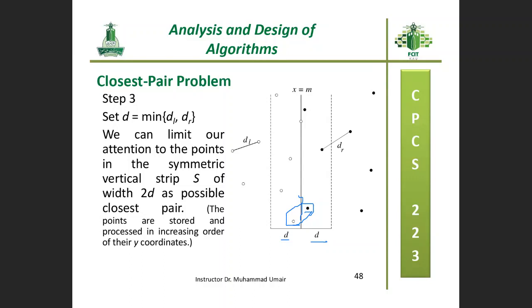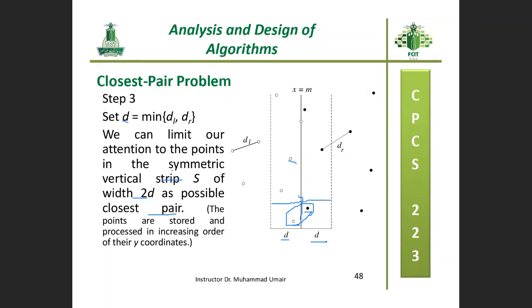So this is the third step. After calculating the minimum, we can limit our attention to the points in the symmetric vertical strip, as it may contain the closest pair.